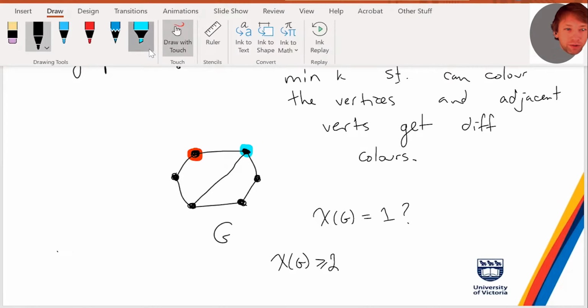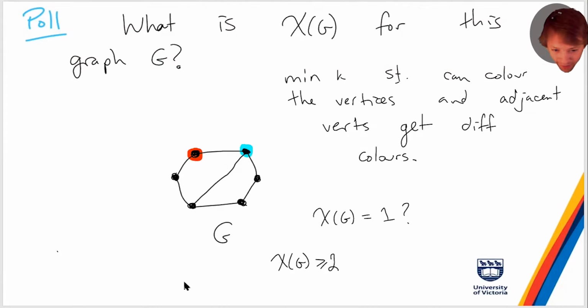Could it be 2? So that's kind of the next natural place to try. Let's just try to color it, right? So suppose I'm coloring with two colors, red and blue. Since this one's blue, its neighbors have to be red, right? Because I'm only using two different colors. So I make all the neighbors of the blue one red because I have to.